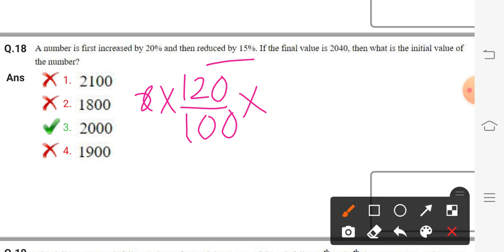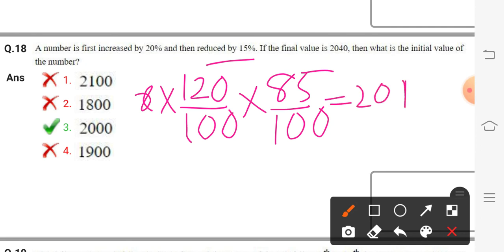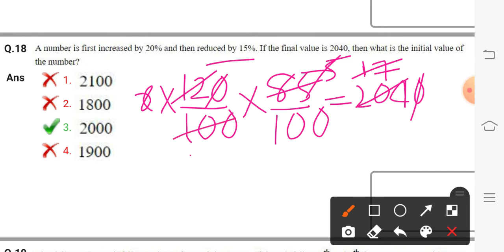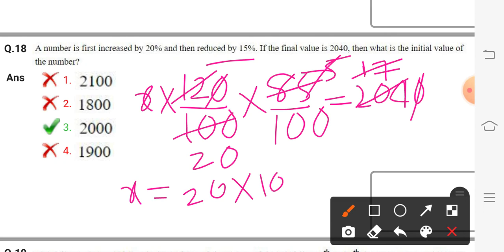In 100 we reduce 15%, we get 85. 85 by 100 equals 2040. Cancel it. 0 and 0 cancel. 12 ones are 12. 12 7s are 84. 17 5s are 85. 5 2s are 10. X value is equal to 20 into 100. This is equal to 2000.